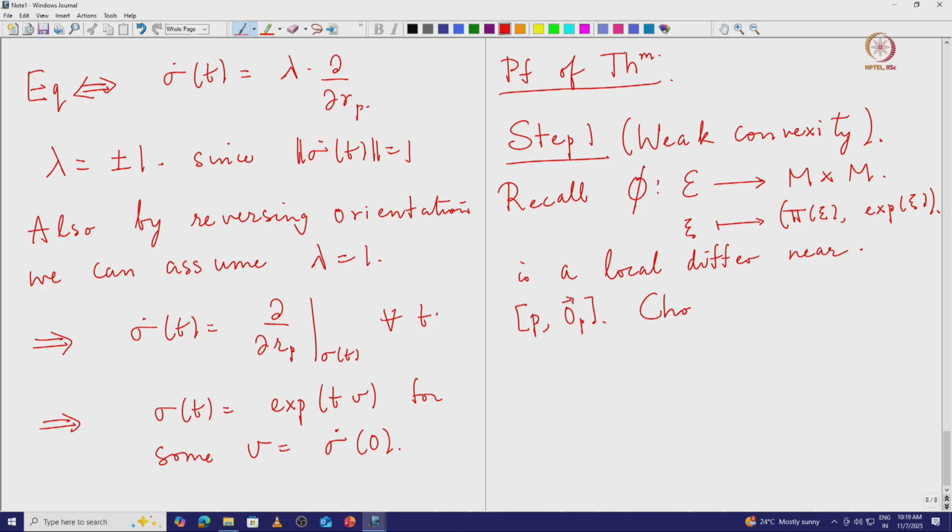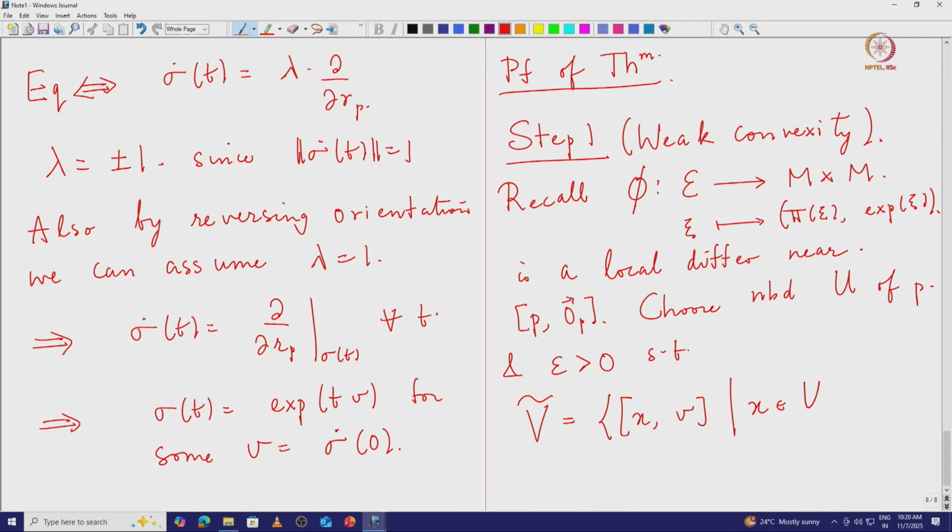So choose a neighbourhood u of p and an epsilon positive such that if you look at this set v tilde, this is the set of all tangent vectors of the form x comma v, where x belongs to u and the norm of v is less than epsilon. So such that if v tilde is this, then phi is a diffeo on v tilde. Okay, so one can always choose such a neighbourhood v tilde.